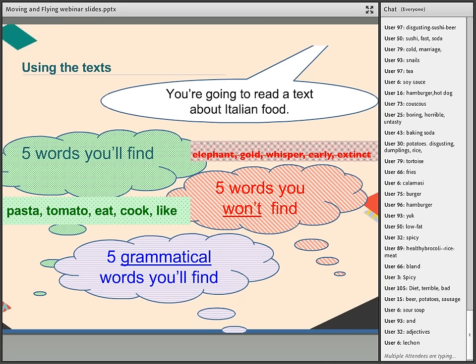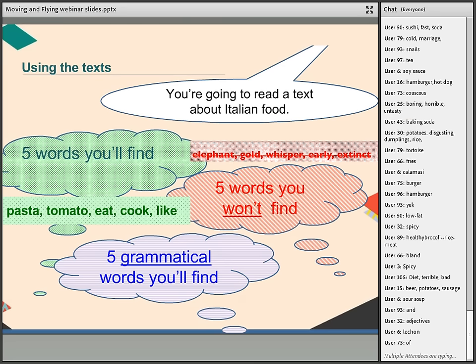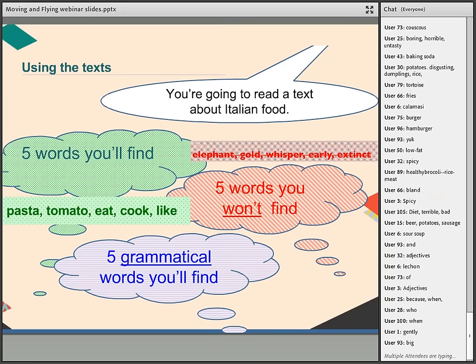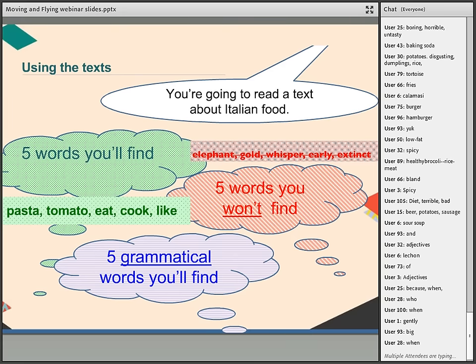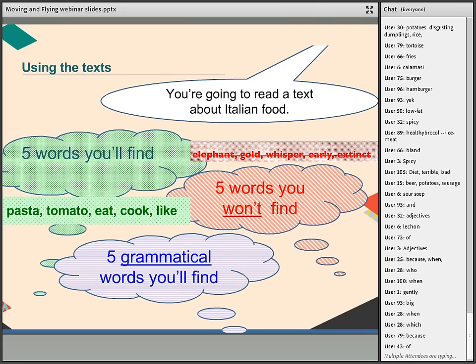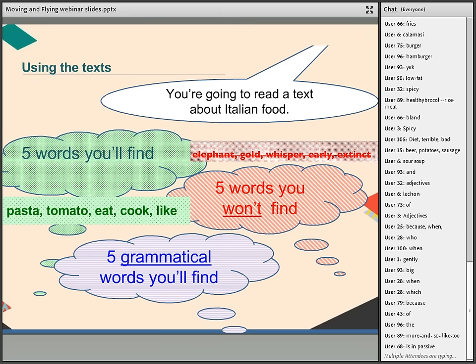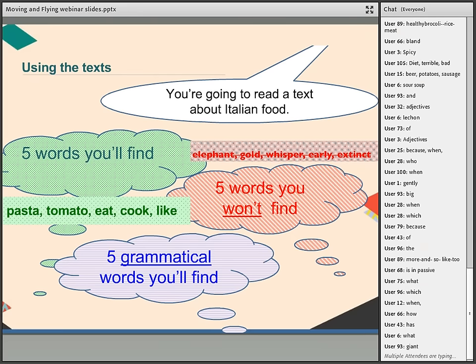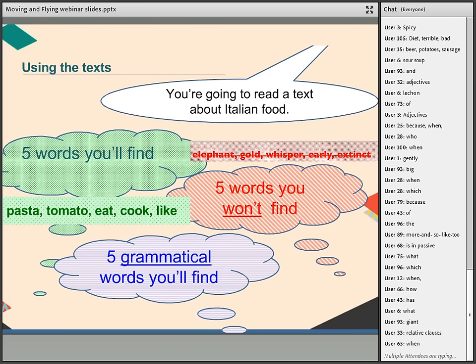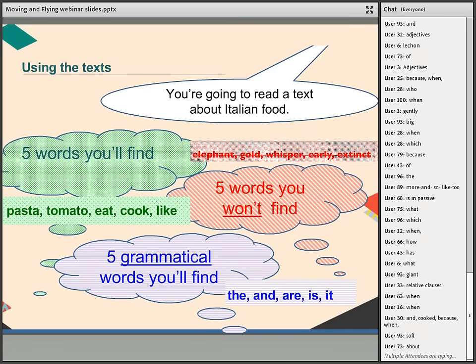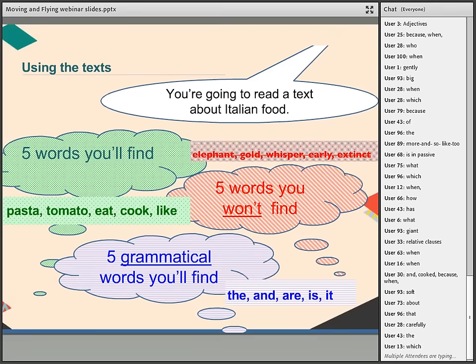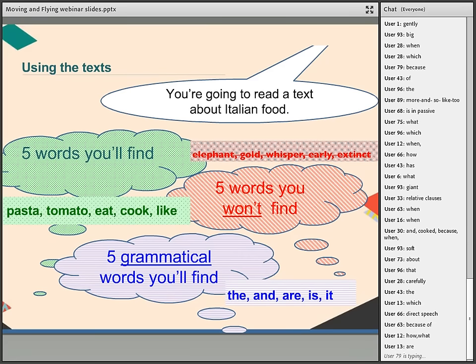We've got and from Brian, of from Marianne, because, when, who, gently, that's an interesting one. And again, here are some suggestions from me. Let's look at the text then and see if our guesses were right.